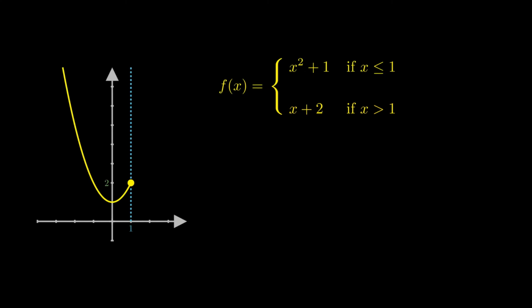So we begin at the boundary where x equals 1, where the y value would be 1 plus 2, which is 3, but be careful, we don't take this point because this applies only where x is strictly greater than 1, so not when x equals 1, which is why we'd put an empty circle at this endpoint here. Then we just draw our diagonal line with gradient 1 and off it goes.